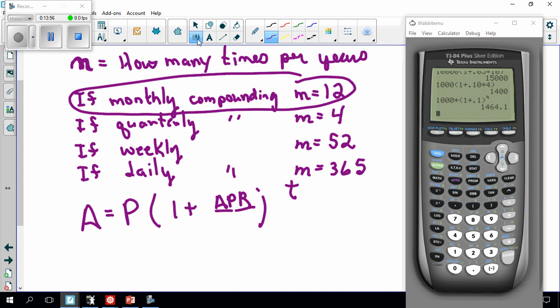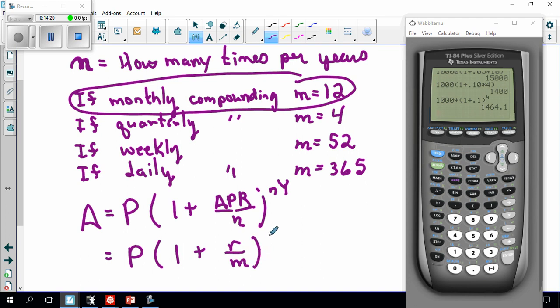I never taught out of a book that used their letters. So this is killing me. But it's all the same. Raised to the NY. Once again, I don't like Y because I like T for time, knowing it's in years. My formula looks a little cleaner.